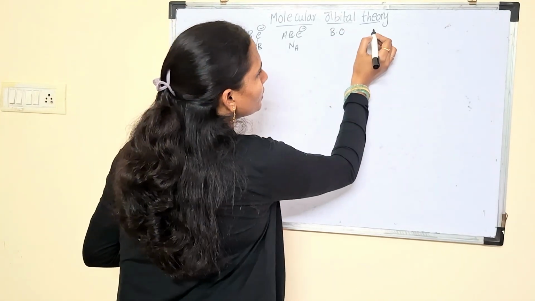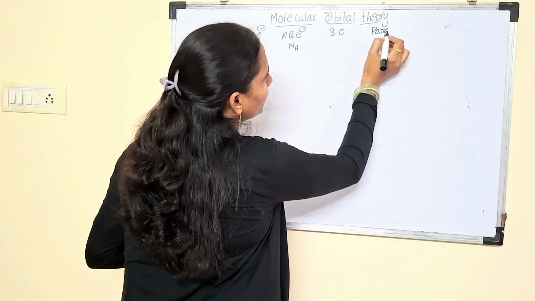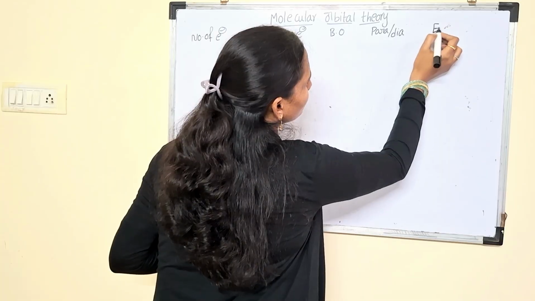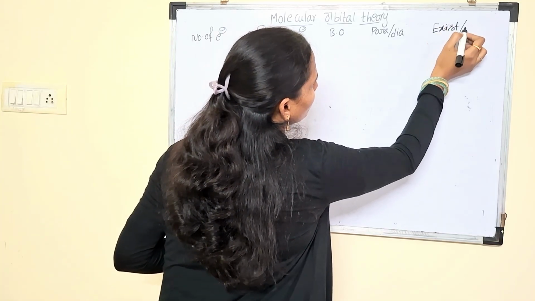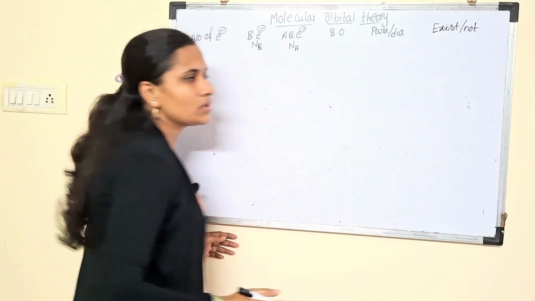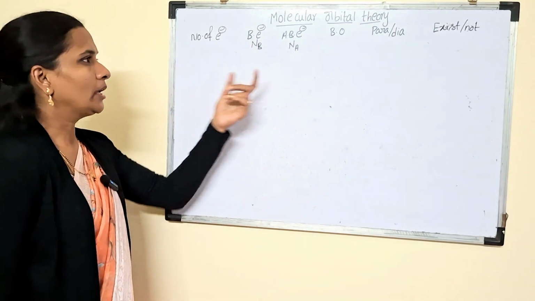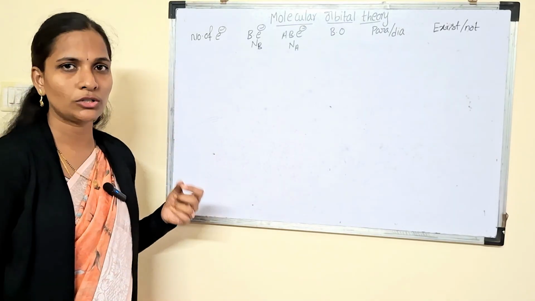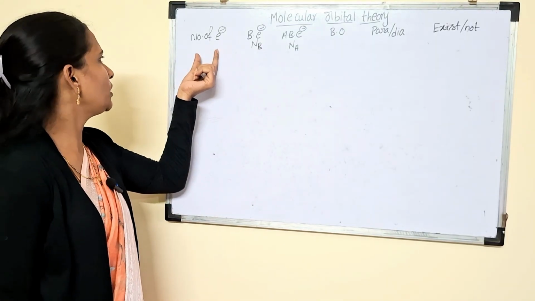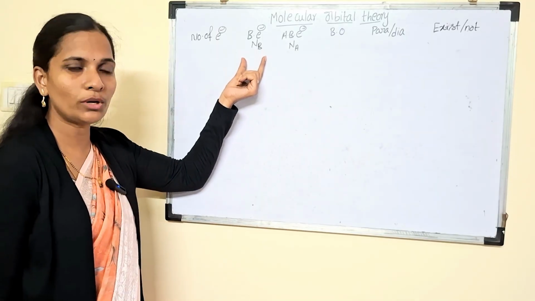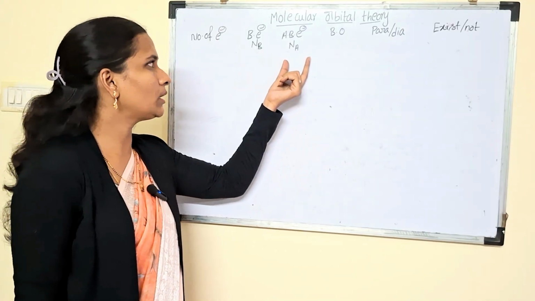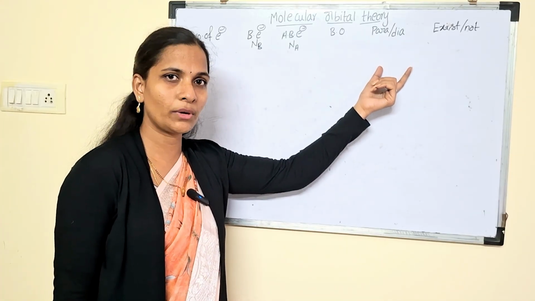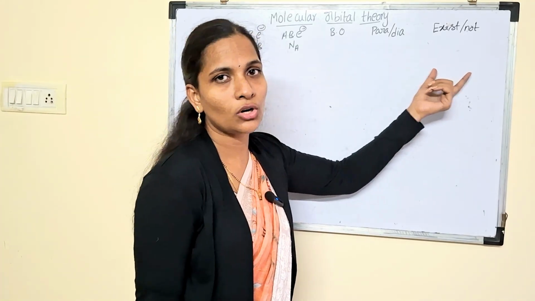And after that, whether it is paramagnetic or diamagnetic, and whether this molecule exists or not. So by this shortcut method, for any molecule or ionic species given, we can calculate how many electrons it has in total, how many bonding electrons and anti-bonding electrons there are, what the bond order of that molecule is, whether it is para or diamagnetic, and whether that molecule exists or not.